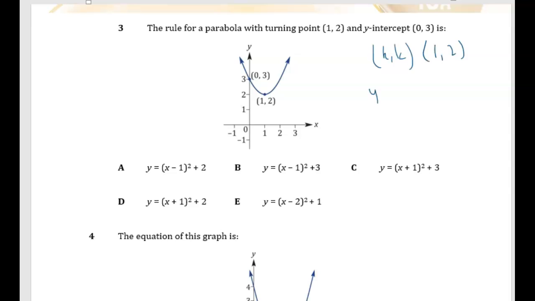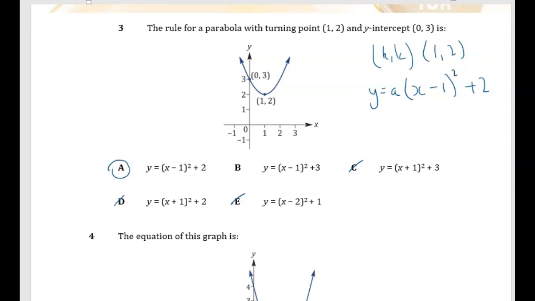So my equation in turning point form is going to be something like x -1 squared plus 2. I'd look at all these and say, well, it can't be D because that's x plus 1. This is -2 and this is +1. So now I've given myself a 50% chance of getting it right. I've only looked at h. Now I'm looking at k, which has to be 2, so it has to be A.